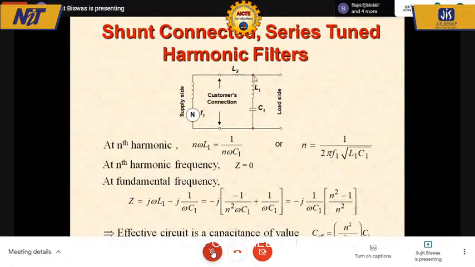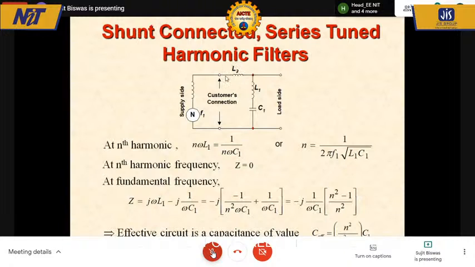We know that it's not exactly 0. It will be the value of the resistance of this network, but it will be almost 0 at this time. So most of the current will flow through the lower impedance path rather than try to flow through this path. So therefore, if the harmonics are flowing through this, they will not be there in the line. So the line has become cleaned out of the harmonics. So that's the way the filter operates.